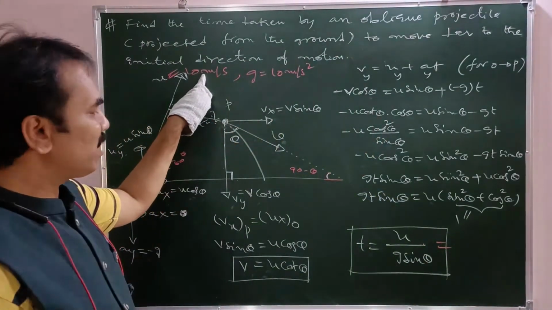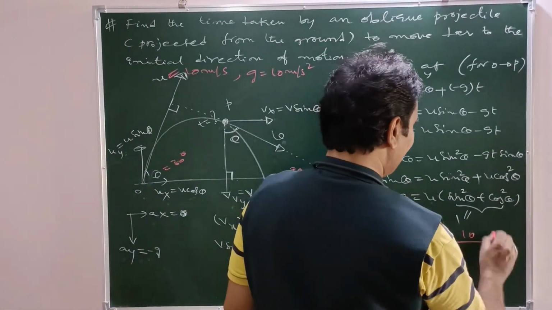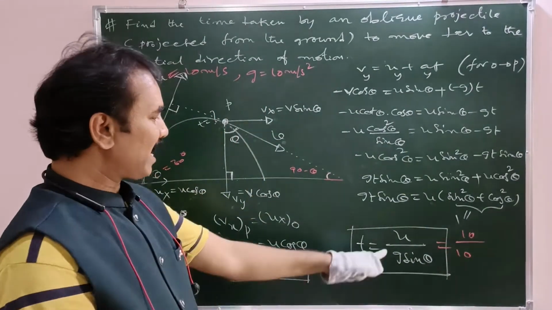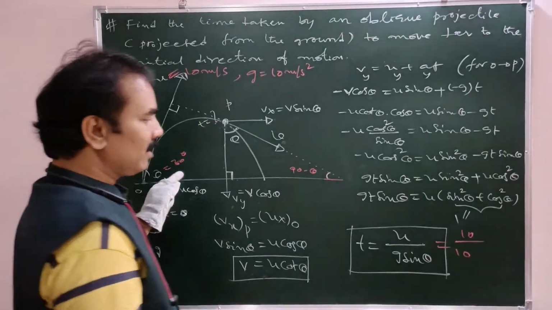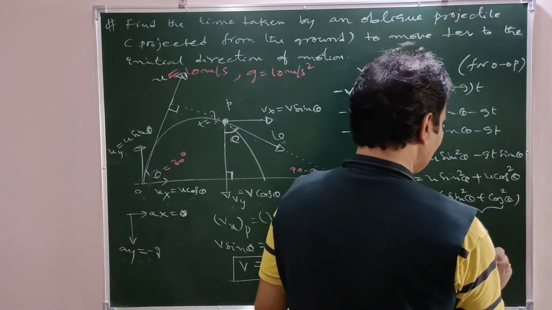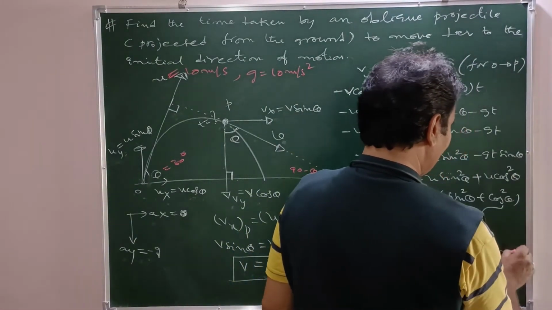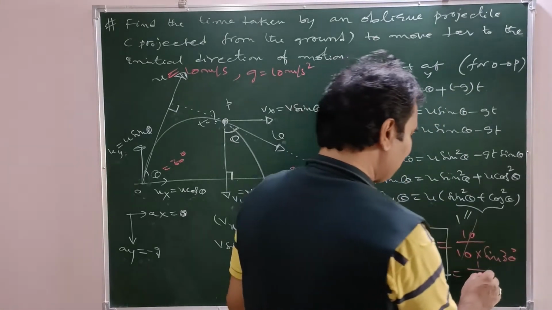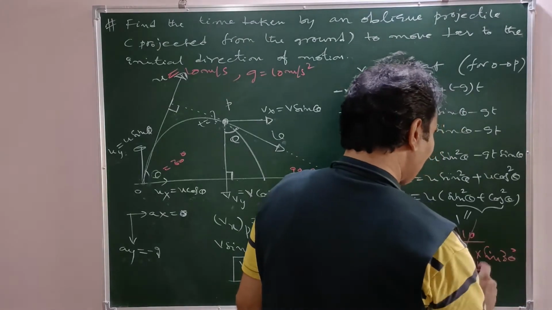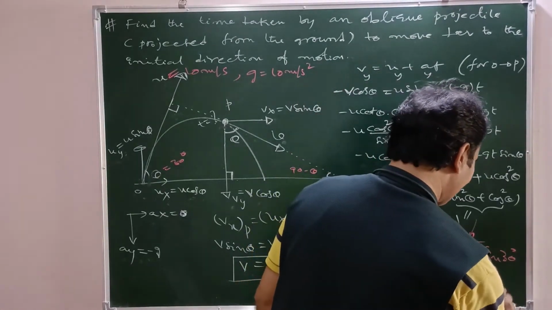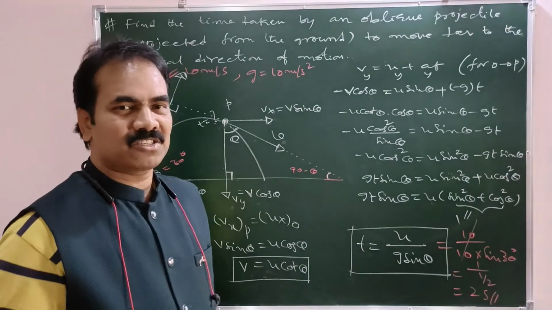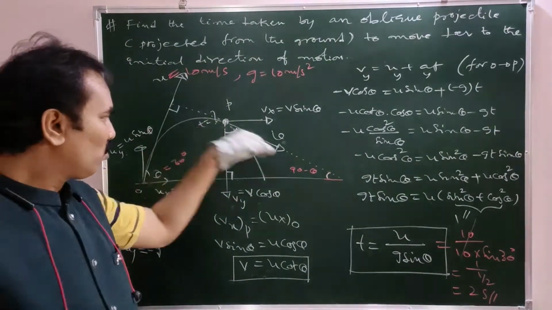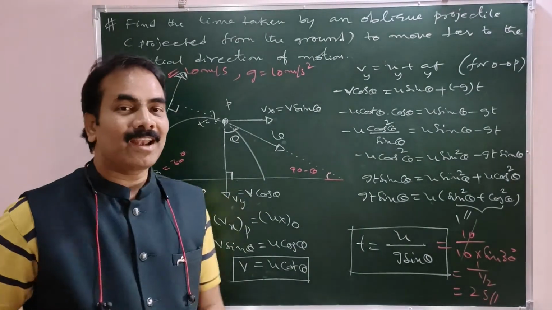U means 10 meter per second divided by g, take it as 10, into sin 30. Sin 30 is 1 by 2. The 10s cancel, so 1 by 1 by 2 means 2. So 2 seconds is the answer. After 2 seconds, this projectile with this angle of projection moves perpendicular to the initial direction of motion.